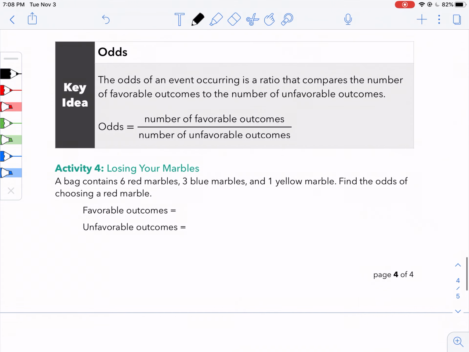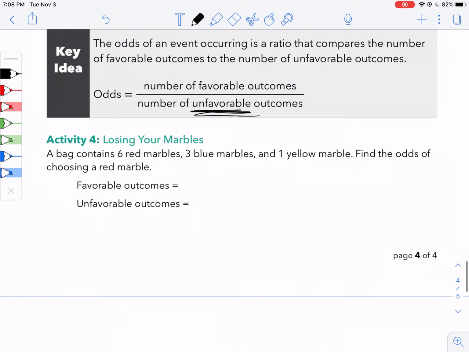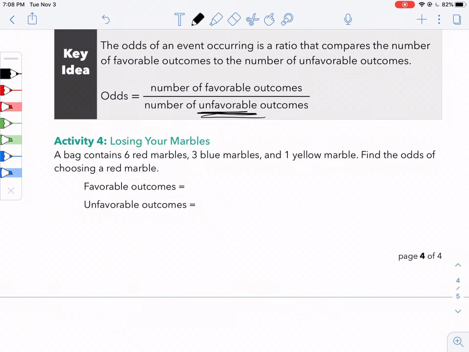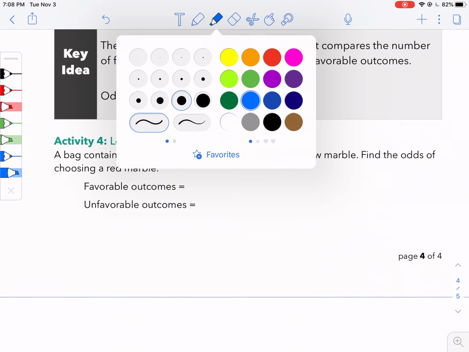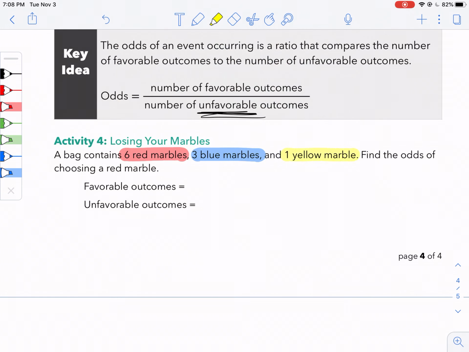All right. Our last concept of the day are the odds. Like, what are the odds, guys? Well, the odds of an event occurring is a ratio of not favorable to total, but favorable to unfavorable. If you have a bag of 6 red marbles, 3 blue marbles, and 1 yellow marble, find the odds of choosing a red marble.